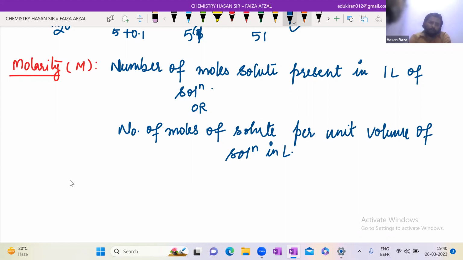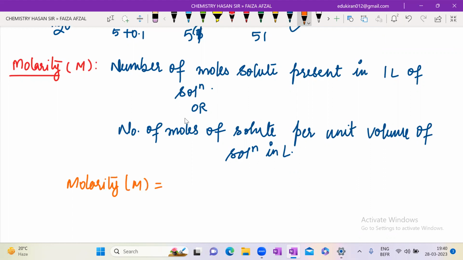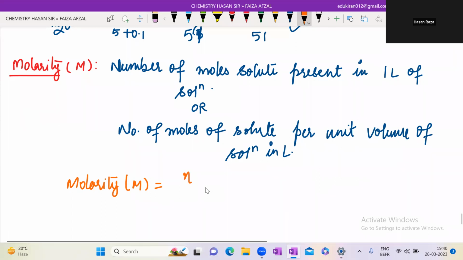So we can derive a formula from here, a mathematical equation. Molarity M is equal to, please do write it. Yes. And then normality.